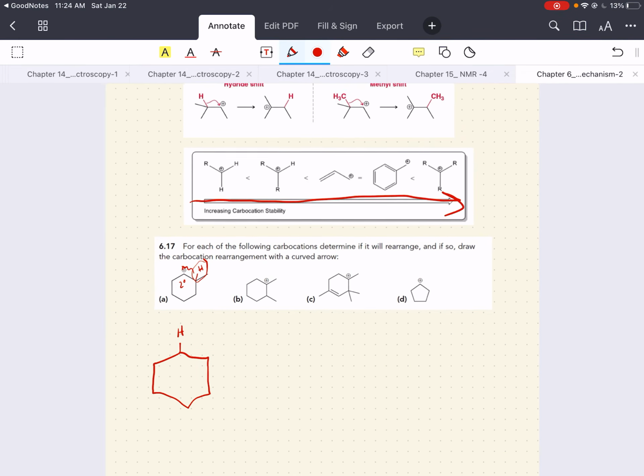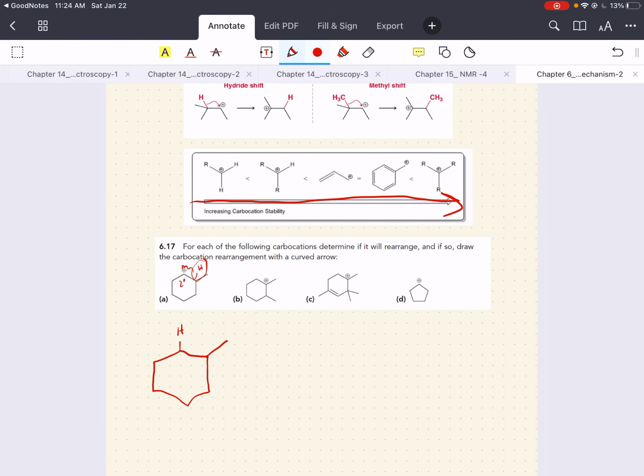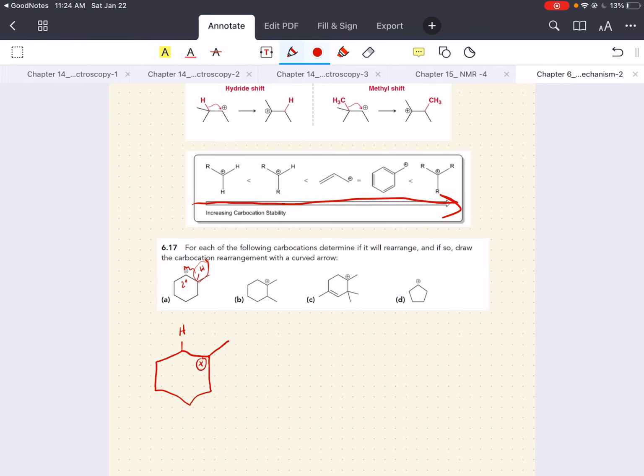There will no longer be a positive charge there. Instead, we will have a positive charge where the hydrogen left. And look at that. Now what we have instead of a secondary carbocation is a tertiary carbocation. And guess what? A tertiary carbocation is more stable. So via a hydride shift, we formed a more stable carbocation.